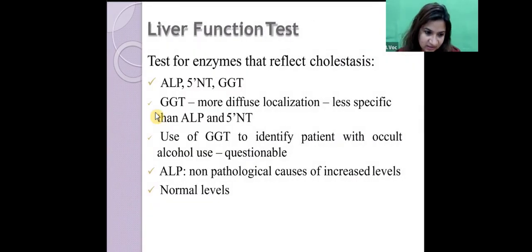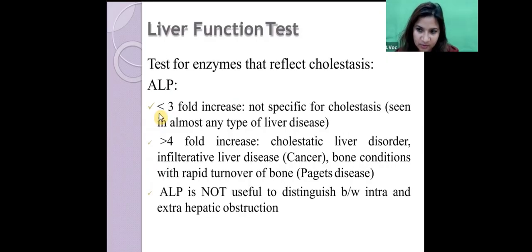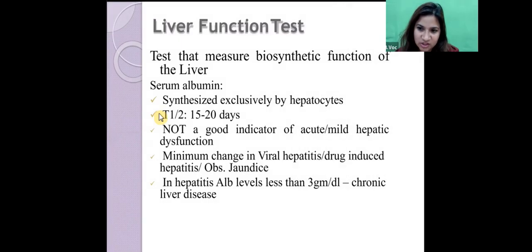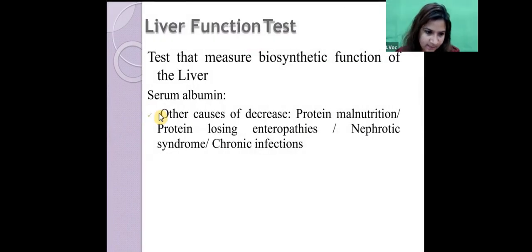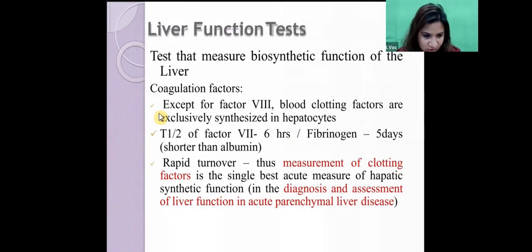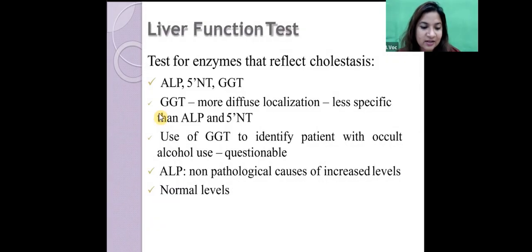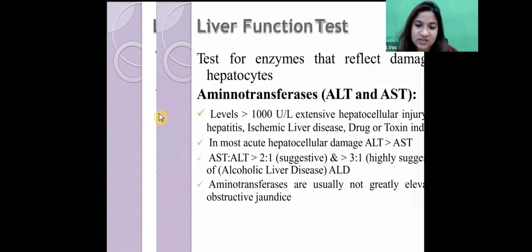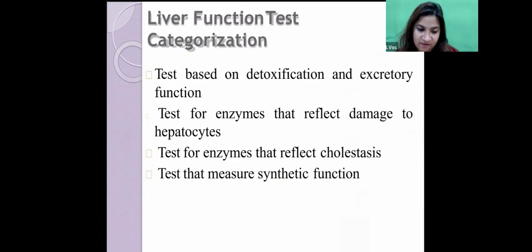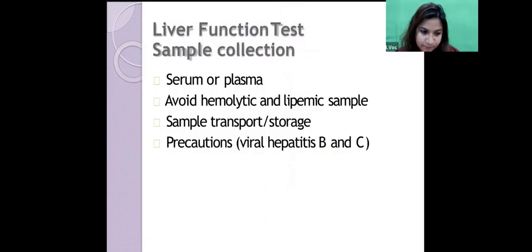The second one is based on lipid metabolism. Tests based on lipid metabolism are the serum cholesterol, which evaluates the measurement of the free and esterified forms of cholesterol and their ratio. And the second one is the estimation of the fecal fats.